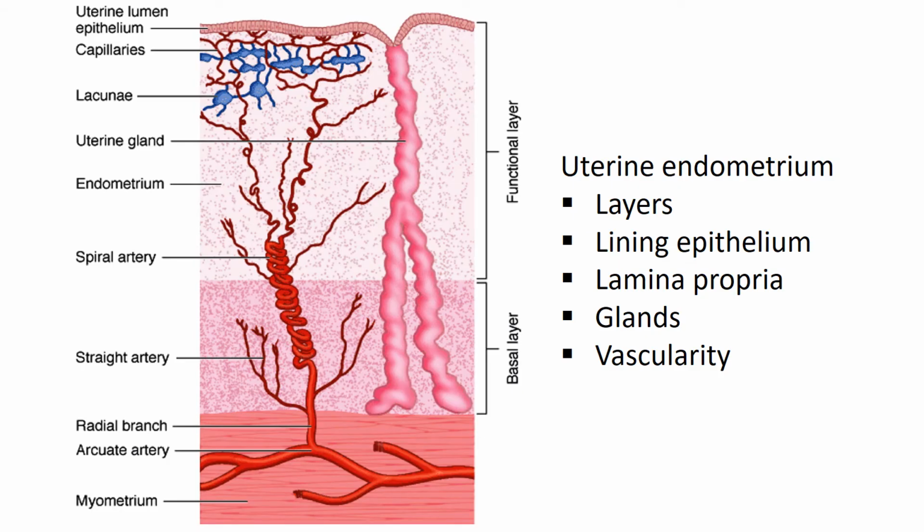So this is the lining. The uterine endometrium is lined by simple columnar epithelium, and this simple columnar epithelium invaginates into the underlying lamina propria and forms these glands.